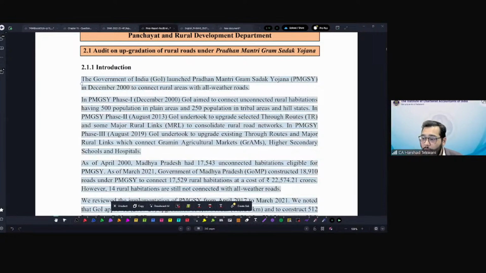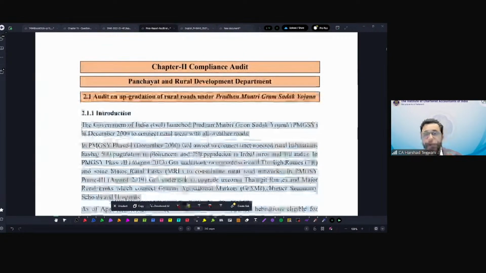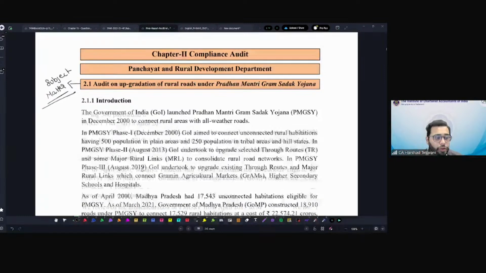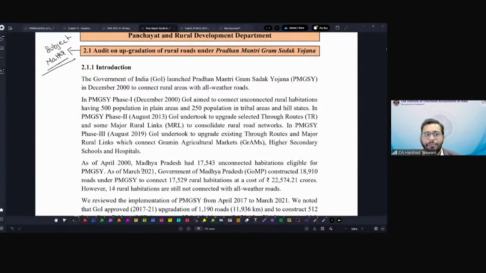I will not call it an entity, because this is not an entity; I will call it the subject matter that I'm auditing, or you can say auditable entities or auditable subject matters. So first I will understand what is the subject matter.